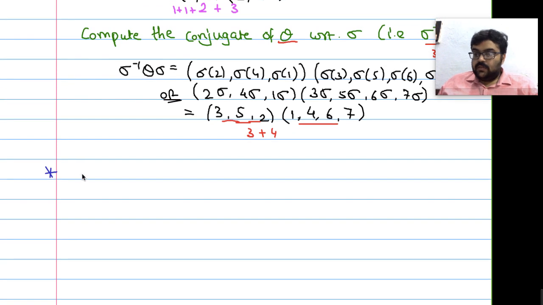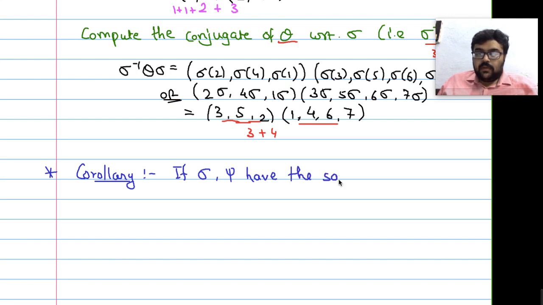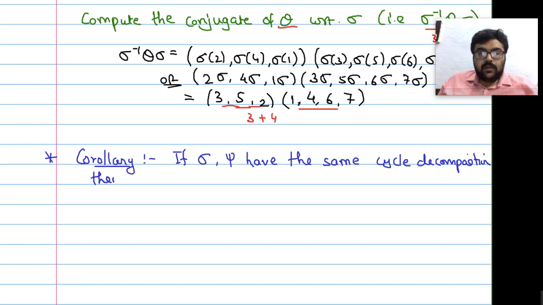So this is another corollary. It says that if two permutations have the same cycle decomposition, now it is the converse, then they are conjugates of each other. So if sigma and psi have the same cycle decomposition, then they are conjugate.